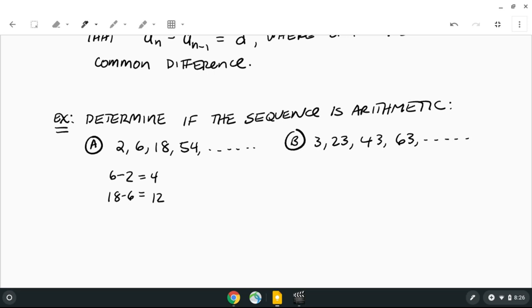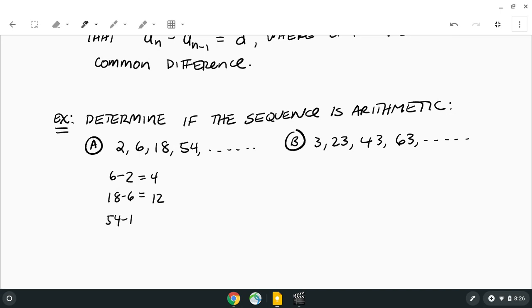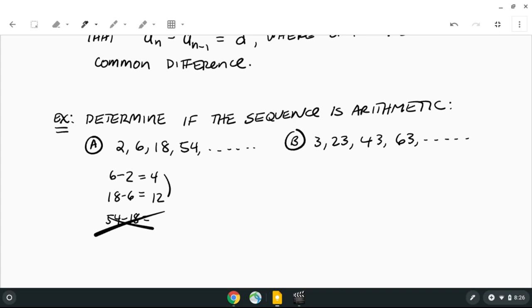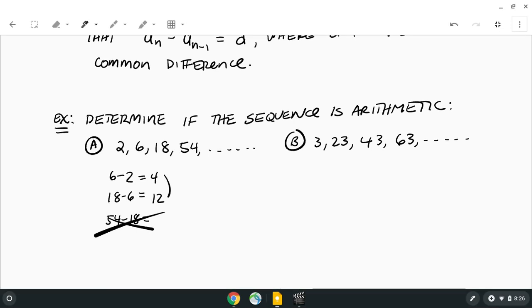Once you see that you're not getting the same number every single time, that's an example of not an arithmetic sequence. You don't get 4, you don't get 12, so you don't even have to check that last one. As soon as they're different, it's not arithmetic. So this one is a no.